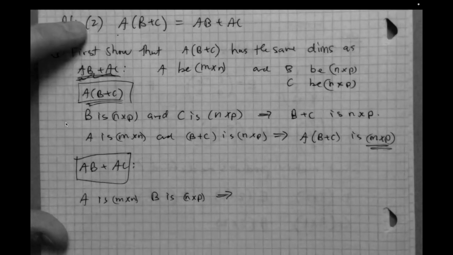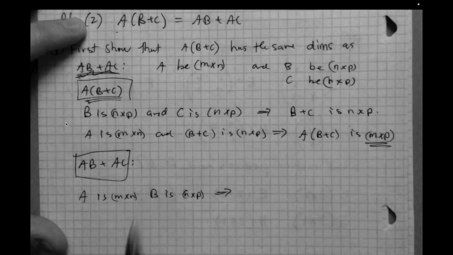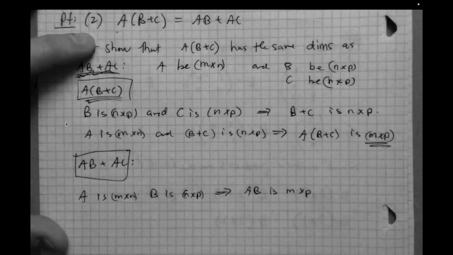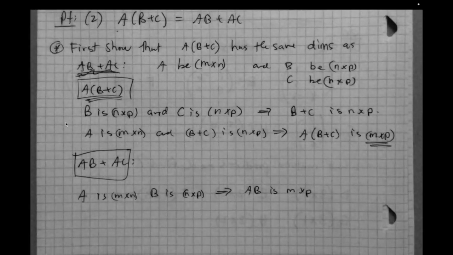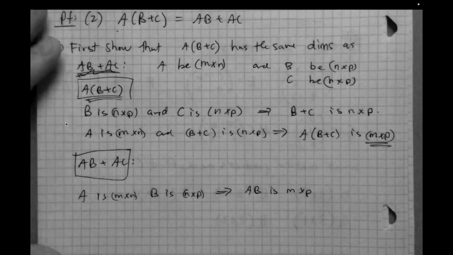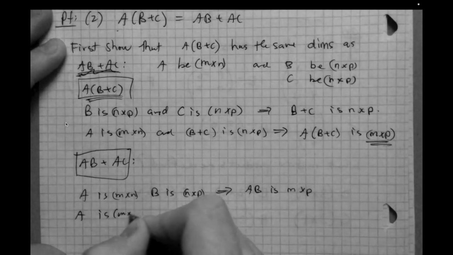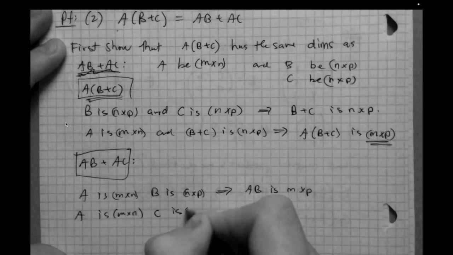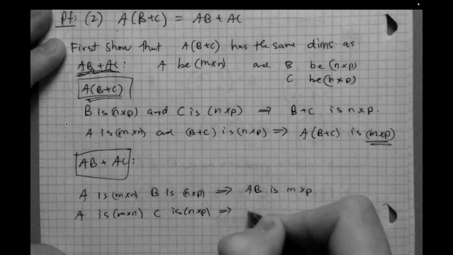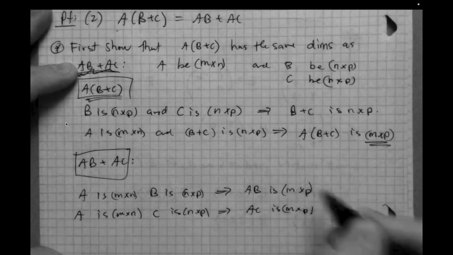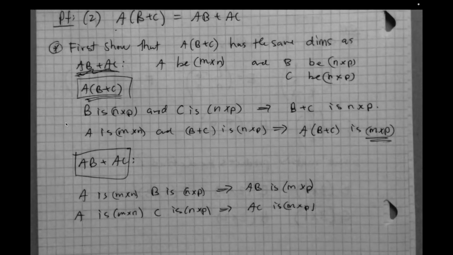Those two facts together imply that AB is m by p. This is all just the definition of multiplication. Again, similarly, A is m by n and C is n by p, and so that implies that AC is m by p. Now what happens if I add two matrices together and their dimension is m by p? Well, obviously the sum is m by p as well.